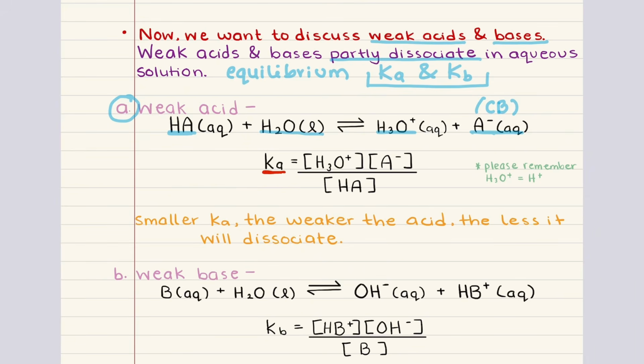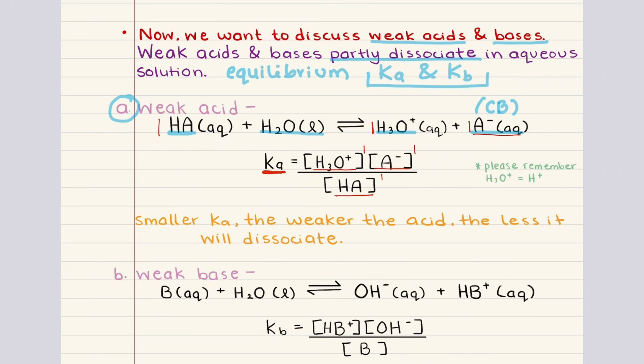Ka is going to equal the concentration of hydronium ions raised to 1, because that's the stoichiometric coefficient, times the concentration of the conjugate base, also raised to the power 1, and that's all divided by the concentration of the undissociated acid, also raised to the power 1.